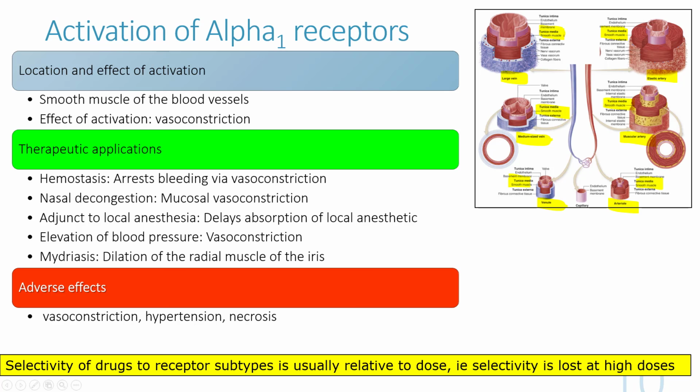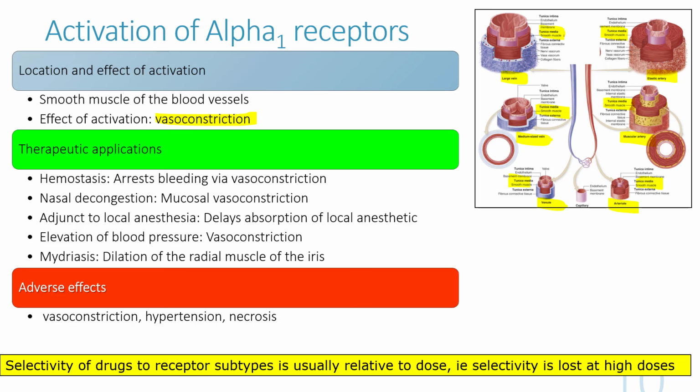So when alpha-1 receptors that are found in these smooth muscles are activated, it basically leads to vasoconstriction. All right, so what are some therapeutic applications where vasoconstriction is a good thing? You've got here a list of 5.